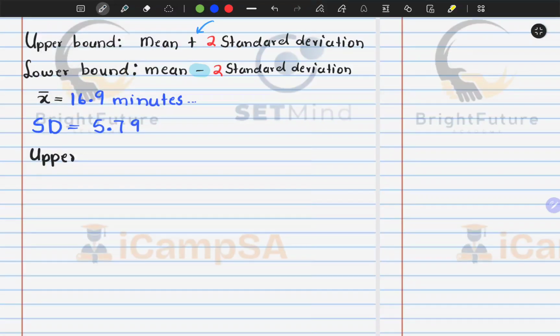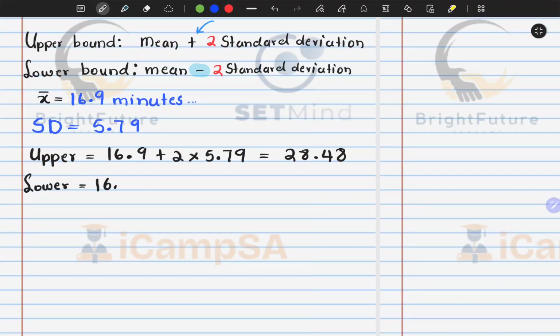On the upper side, we are going to have 16.9 plus 2 times 5.79. Let's use our calculator: 16.9 plus 2 times 5.79 gives us 28.48 minutes.